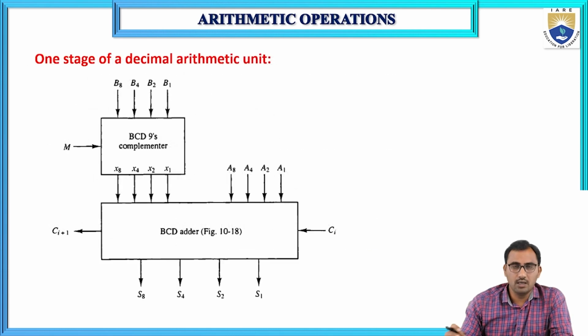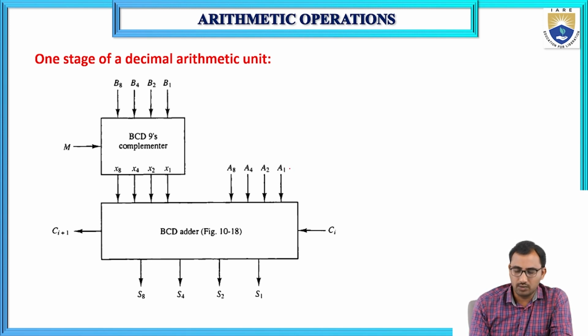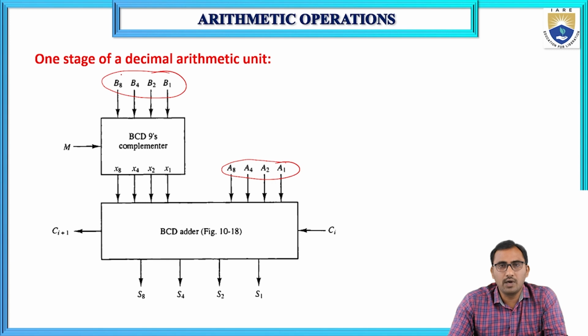So this is one stage of the decimal arithmetic unit. We can use this circuit for performing both addition as well as subtraction. This is one input and this is another input, and between them we perform addition or subtraction.